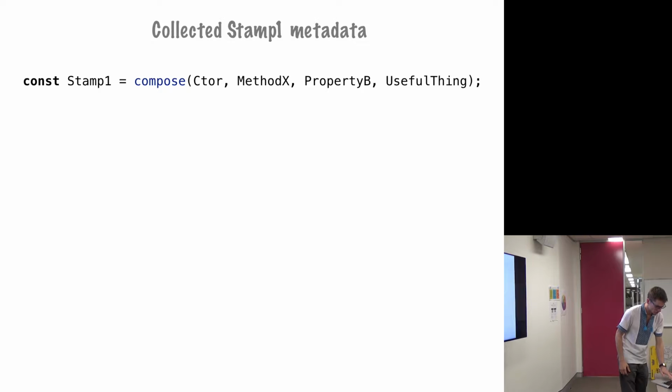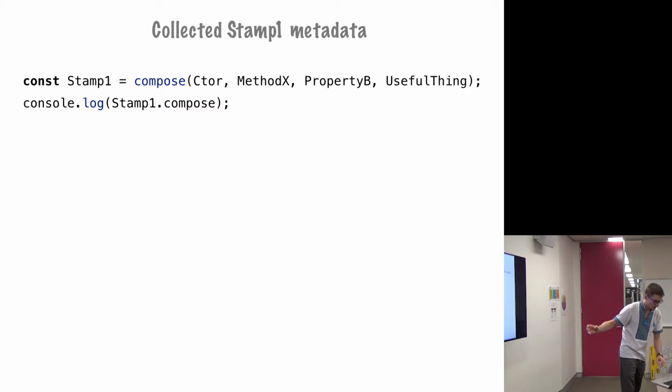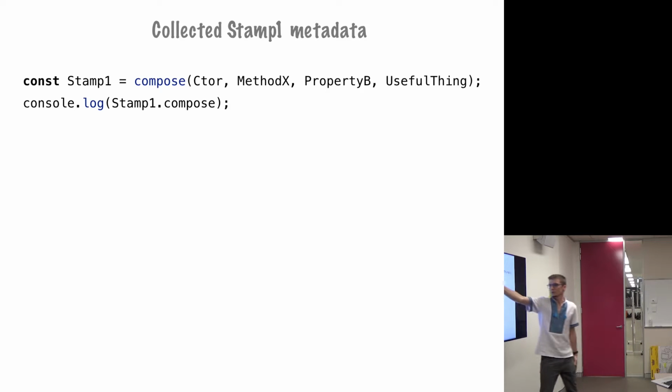Now, let's get down to the metadata. So you remember this stem, right? What if I print stem.compose? As you already know, in JavaScript, functions are also objects. So what we do, we collect the metadata in this .compose object, which happens to also be a function. This is how we are reusing it.